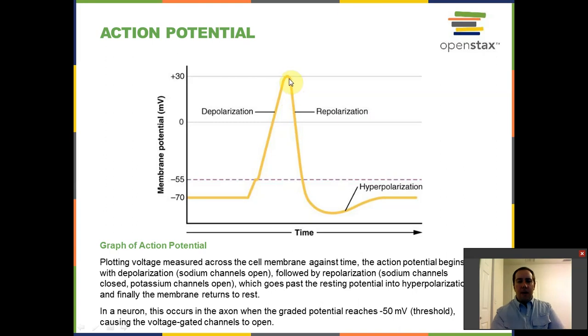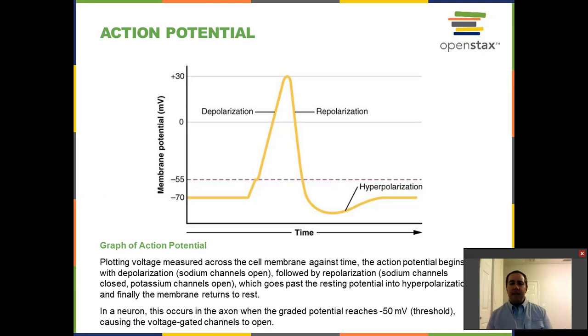So it would be from the peak down to where we hit -55, and then the relative refractory period is between the point where we cross -55 coming down until the point that we come back up to resting membrane potential.